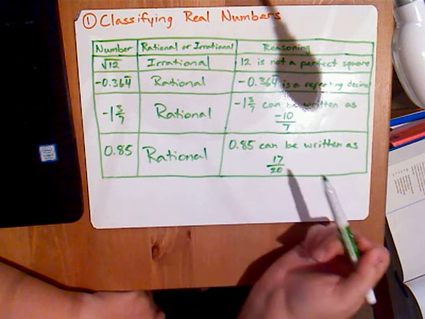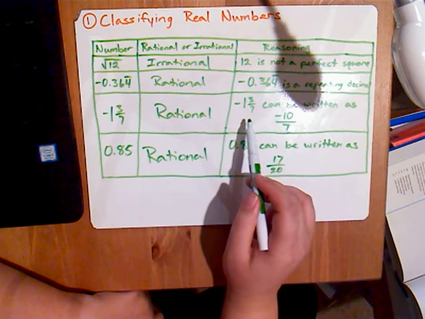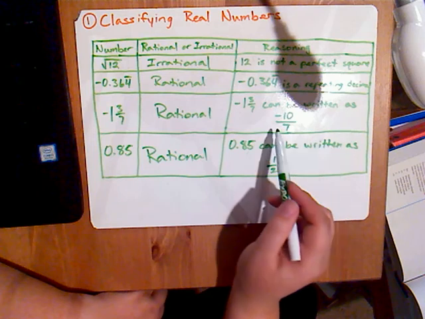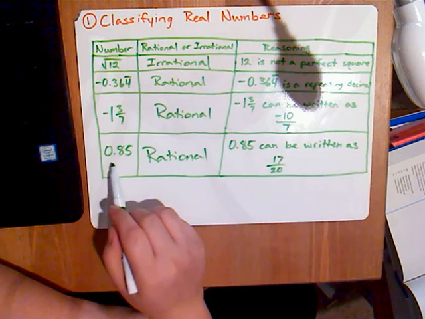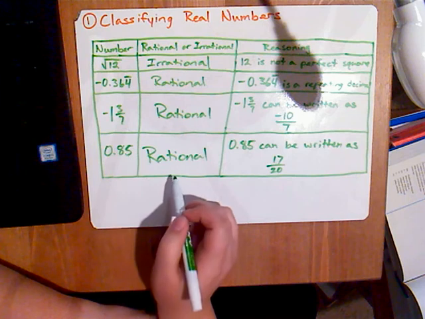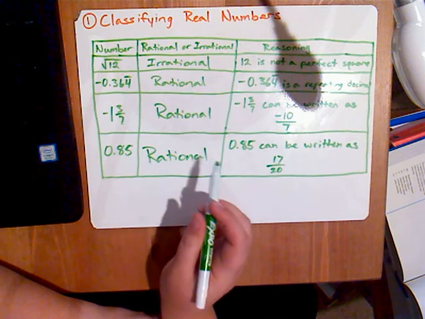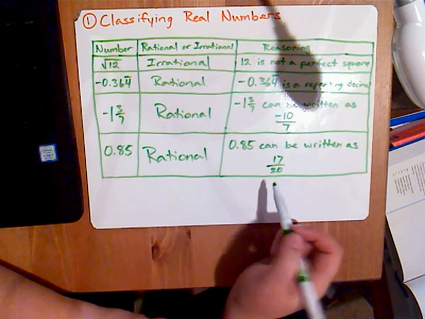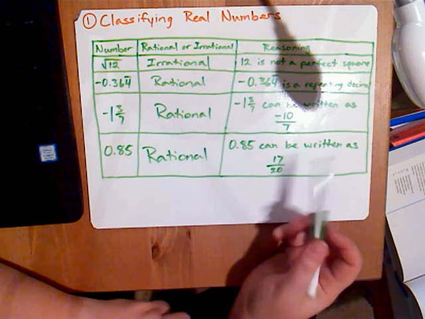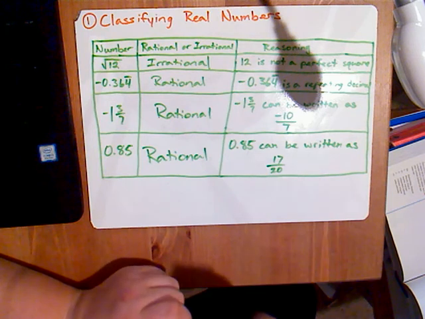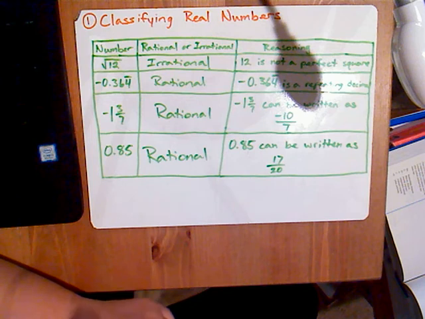And it is rational because negative 1 3/7 can be written as negative 10 over 7. And then 0.85 is a rational number, and it can be written as 17 over 20. So that is looking at how to classify real numbers, either rational or irrational.